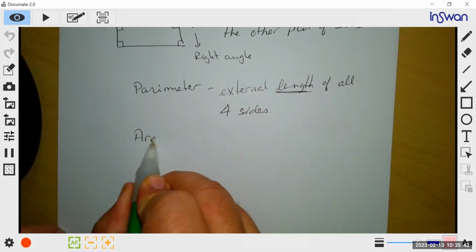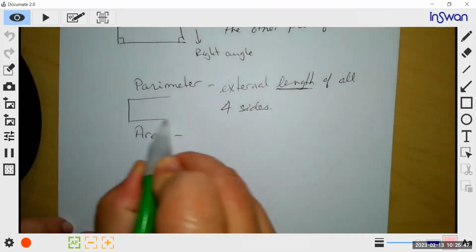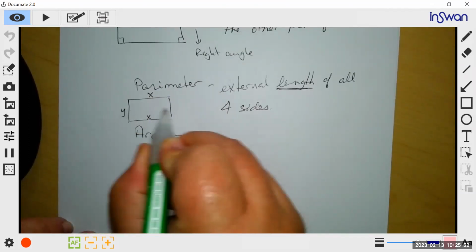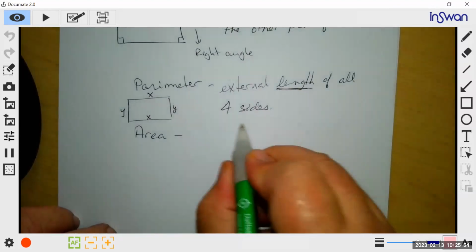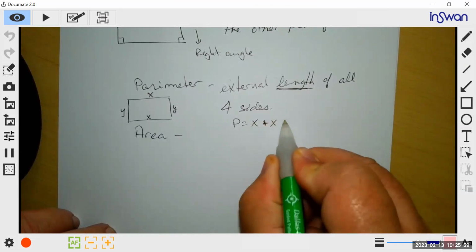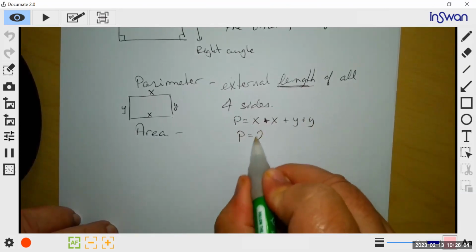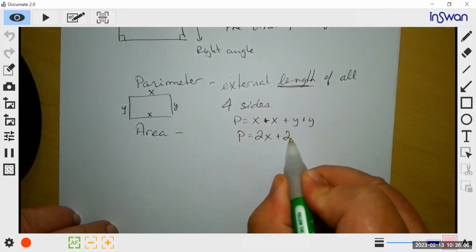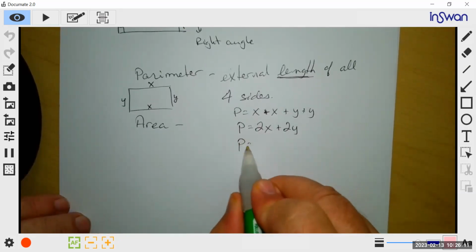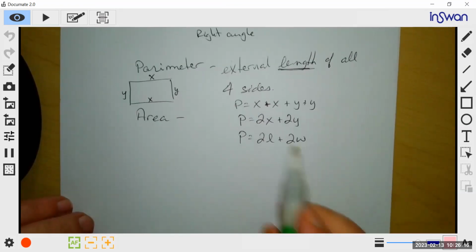What's an area? So for a rectangle, let's say the lengths are like this. So the perimeter is X plus X plus Y, which is equal to 2X plus 2Y. Or 2 length plus 2 width. That's the formula for perimeter.